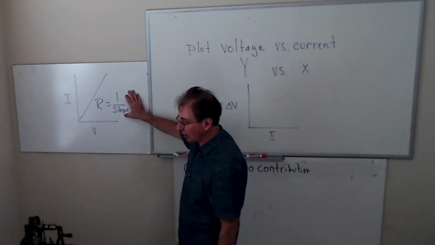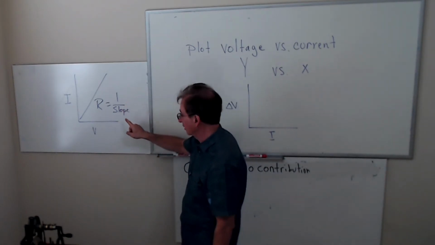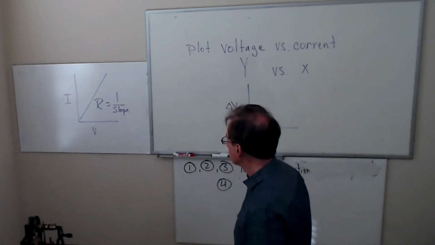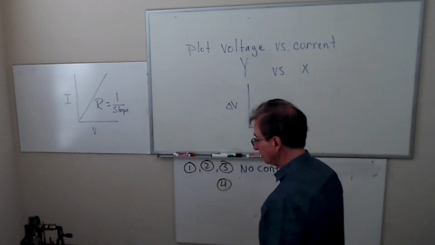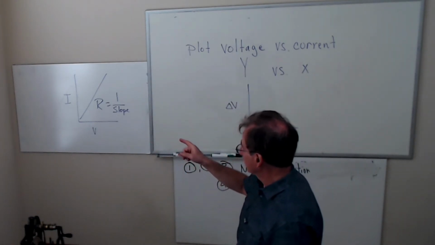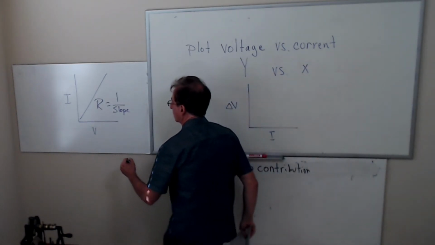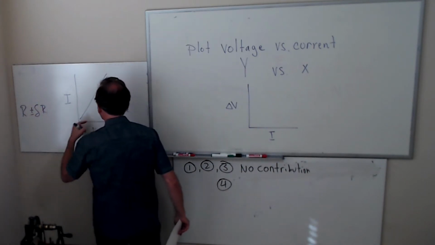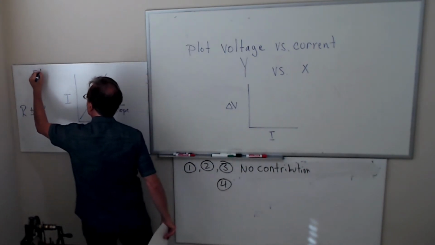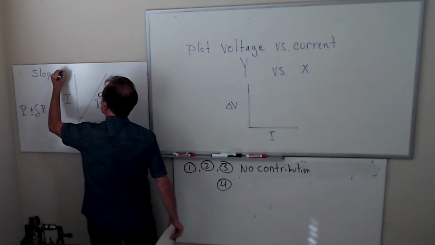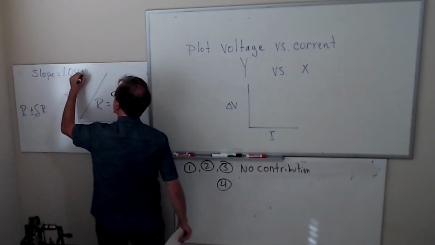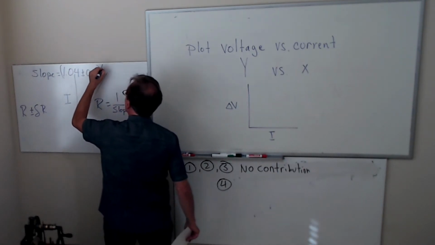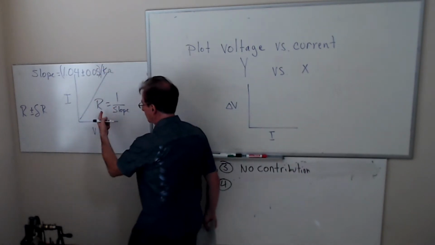But I think maybe I had 1 or 2 people actually do this part correctly, but then they incorrectly calculated the uncertainty. So if I plotted this and I wanted to calculate delta R, so I want to know R plus or minus delta R. So let's say I got the slope was equal to 1.04 plus or minus 0.05 per kilo ohm, because that's the units of this.